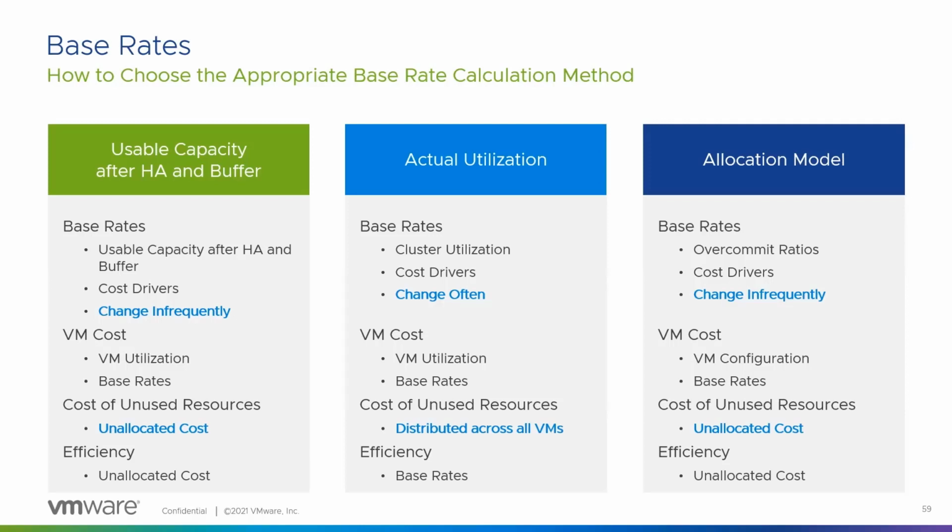So if you're not using all the vCPUs that are potentially usable in a cluster, the cost of those unused vCPUs gets tracked as unallocated cost. That's very similar to the first one here. So with that, I'll talk about how you can configure these options.